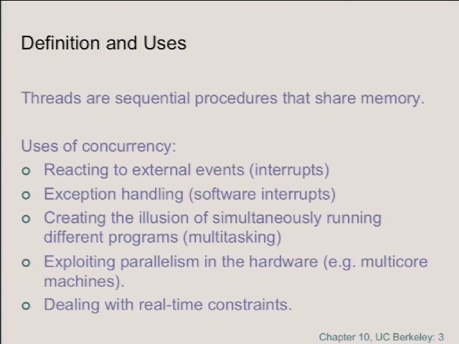All right, so if you have threads, what are the uses for this? Well, one of them is, of course, to react to external events. In fact, you can think of an interrupt service routine as being a thread that interleaves in some way with some executing process. There's an asymmetry there that threads don't share at the operating system level, right?